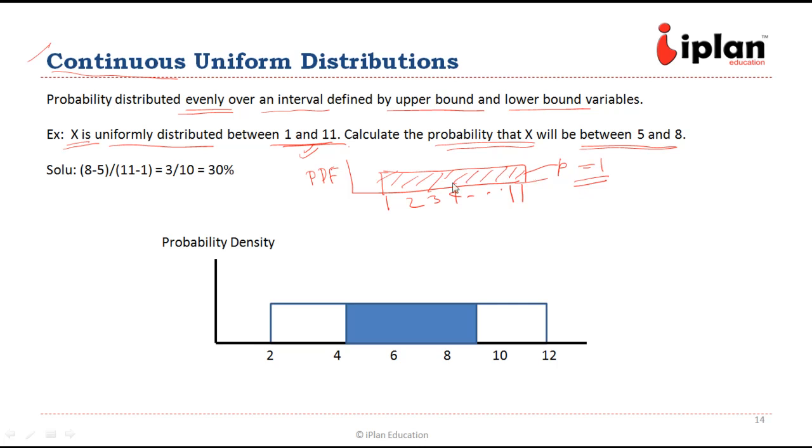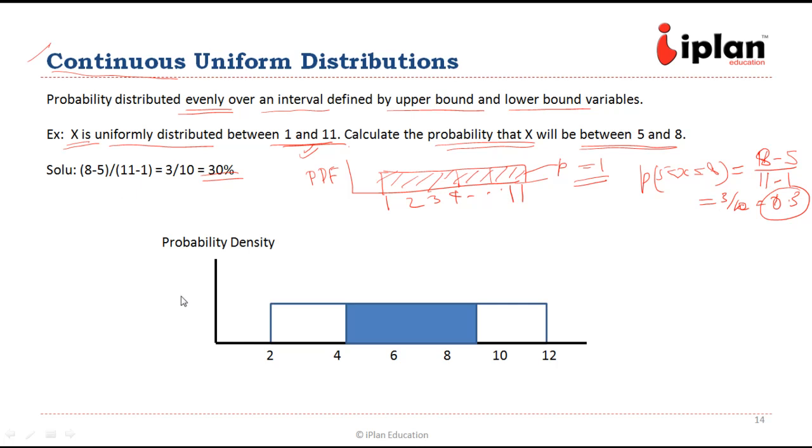And if we want to calculate between 5 and 8, this will be proportional. For example, the probability of x being between 5 and 8 will have the total area in the denominator, which is 11 minus 1, and the expected area, which is 8 minus 5. So 3 by 10, which is 0.3. So this will be the probability.